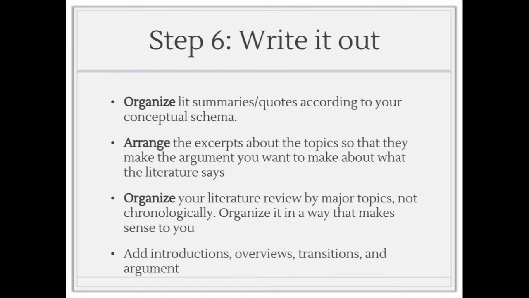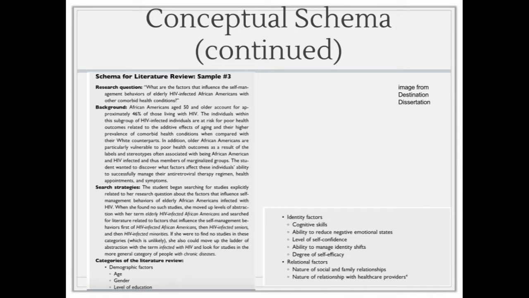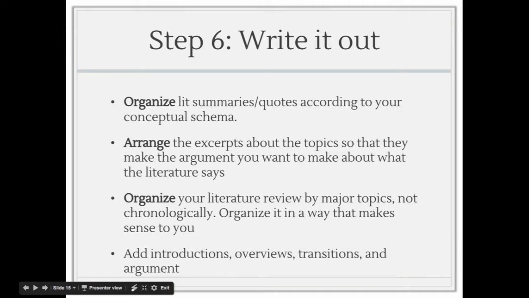After you have your conceptual schema, and really an outline, you're going to just go through and write it out quickly. So you already have all your annotations from that literature review, and now you have a schema that you're going to follow. You can choose any section of your conceptual schema to begin with. You can begin anywhere.